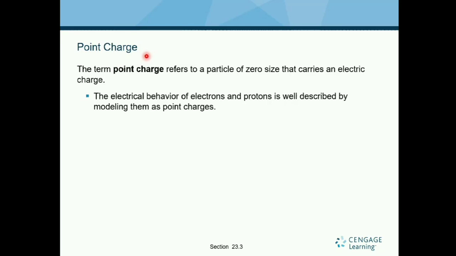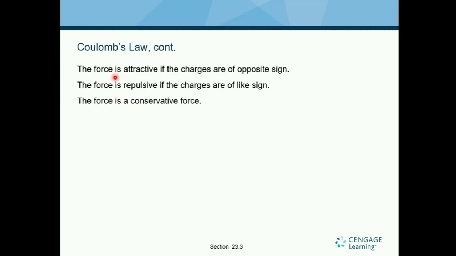But because there are so many objects that are small enough, we can treat those objects with a certain charge as point charges. So the electrical behavior of electrons and protons is well described by modeling them as point charges. Then the third one: the force is attractive if the charges are of opposite sign. The force is repulsive if the charges are of like sign. The force is a conservative force, so remember that.